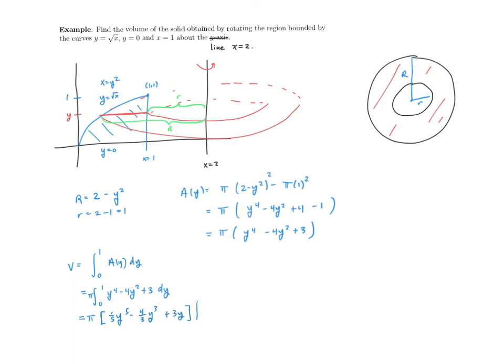And we evaluate by the fundamental theorem of calculus from 0 to 1. When we substitute in 1, we get 1/5 minus 4/3 plus 3. Then we put a minus sign and substitute in 0, which just gives us back 0. So we have our desired volume, and I'm going to leave it precisely in this form.